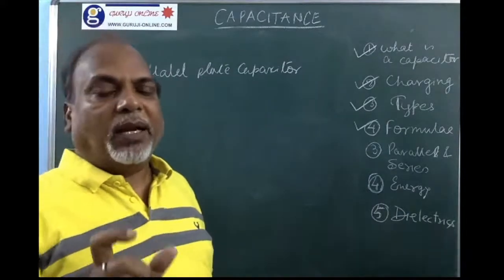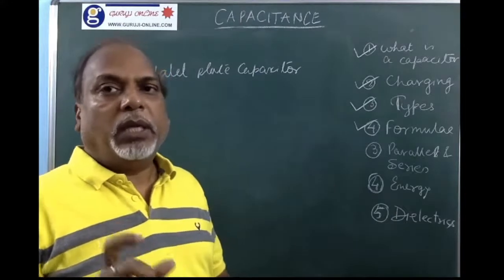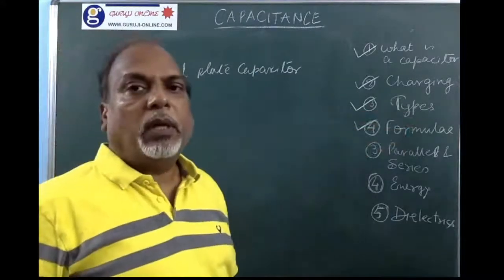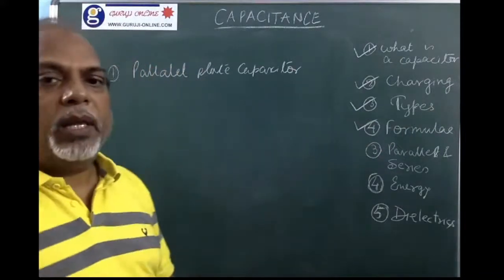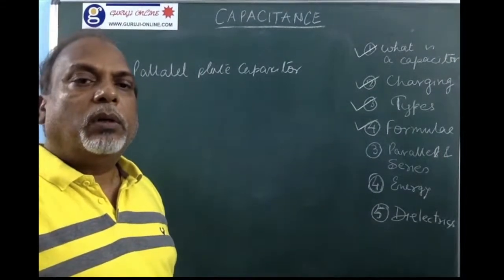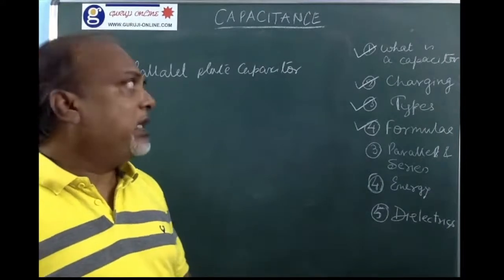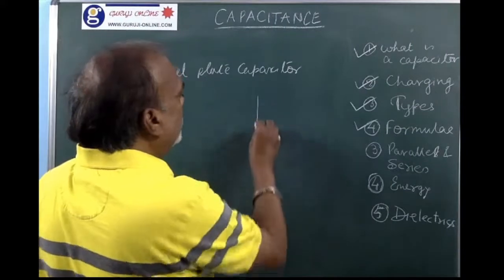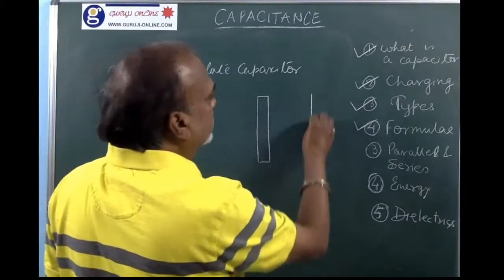But what is exactly C? We have to find out. C differs according to the type of capacitor. So first take the example of the parallel plate capacitor and let us find out how we can calculate the value of C. We have seen our parallel plate capacitor as this.